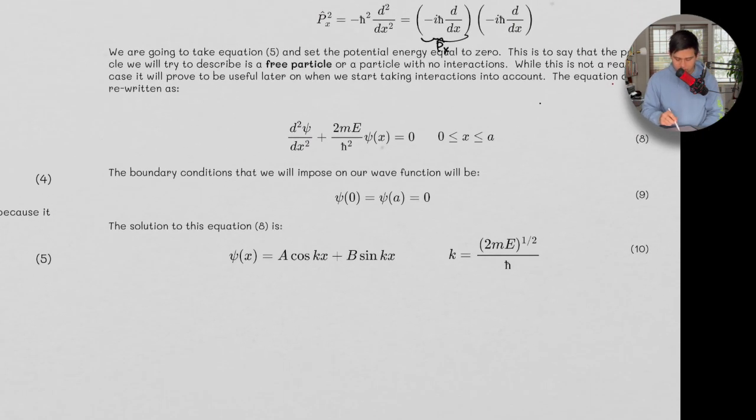So the boundary conditions that we're going to impose on this wave function are this, and this is critical. When we impose these boundary conditions, this is where we're going to get the idea of quantum. We can realize that the solution to this equation is just sinusoidal.